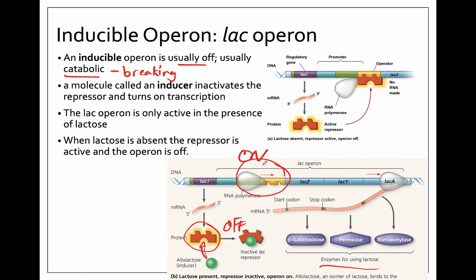So an inactive repressor allows the operon to function, and now I can make the enzymes that I need for processing the lactose. Once all of the lactose is processed, once it's absent again, then it gets removed from the repressor. The repressor is going to go back to binding the operator, and this is going to turn the entire operon back off because we don't have any more lactose that we need to process.